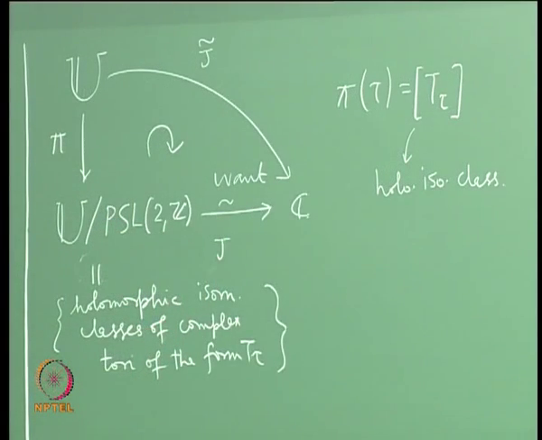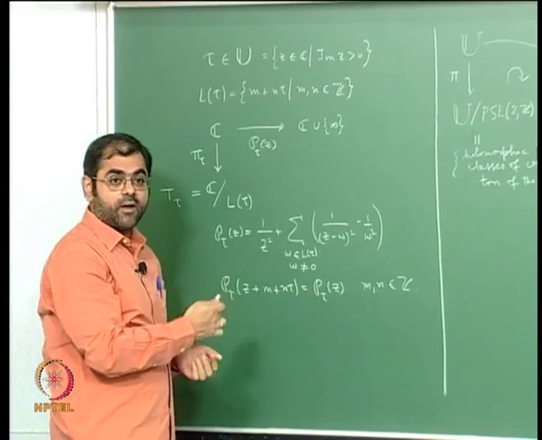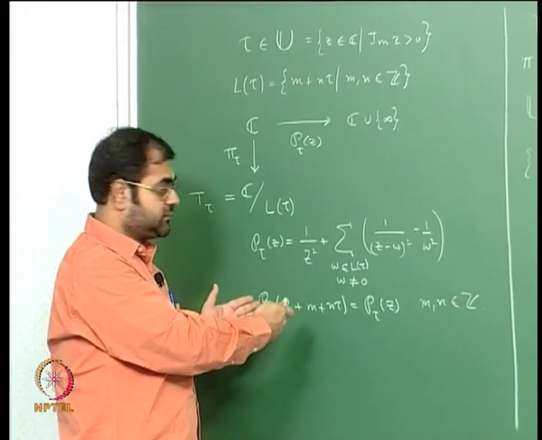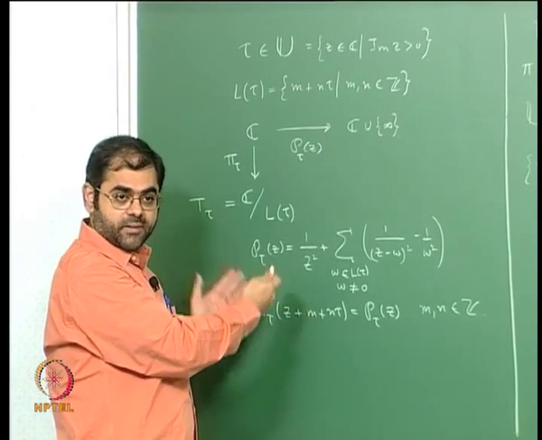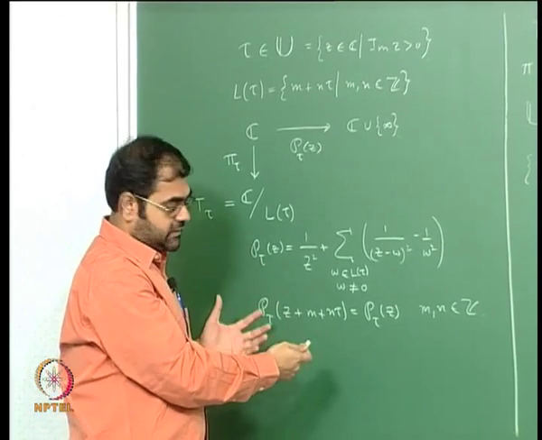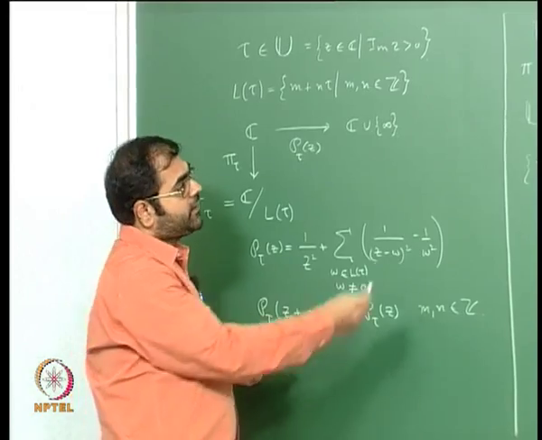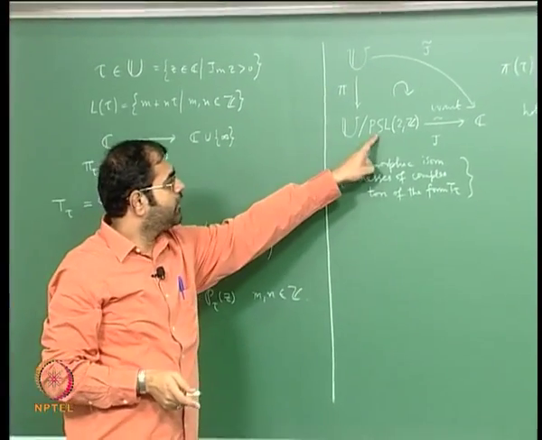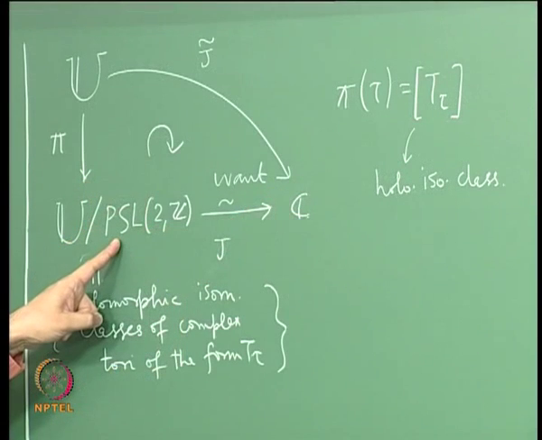Using this P function, I have got a nice function on each complex torus, and somehow I have to use it to produce a function on the upper half plane which is going to be invariant under the action of PSL2Z.